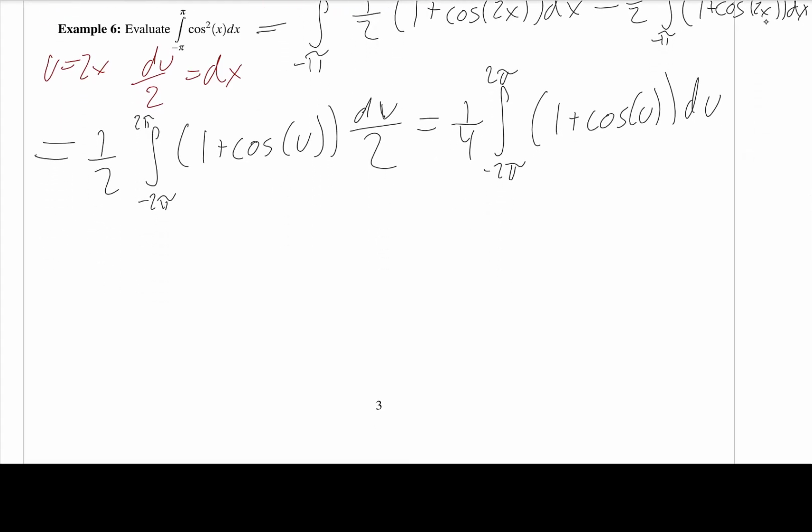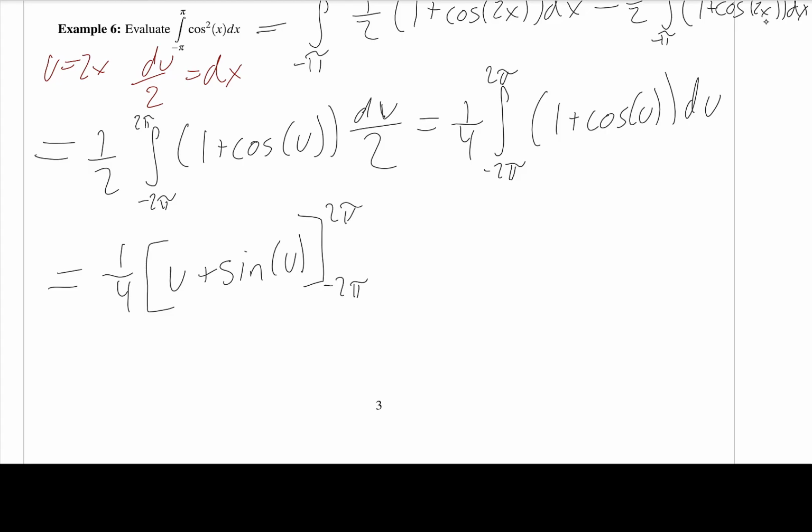Now we get 1/4 times, let's see, this is going to be u plus sine of u, evaluated from negative 2 pi to 2 pi.